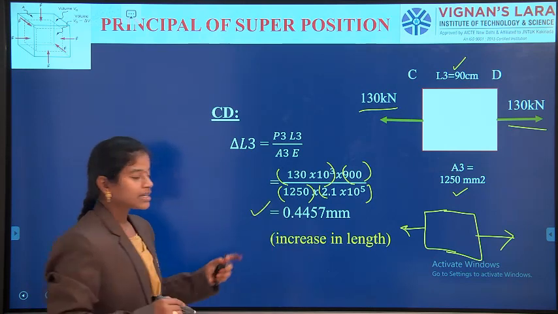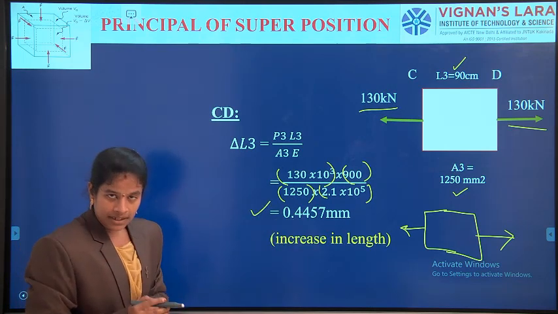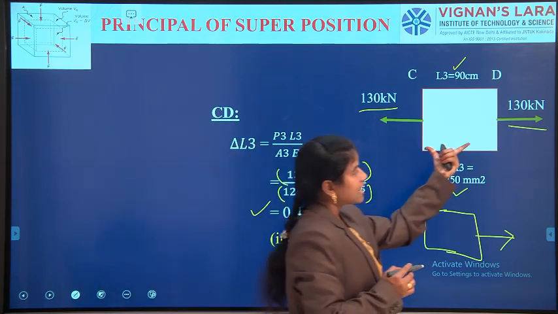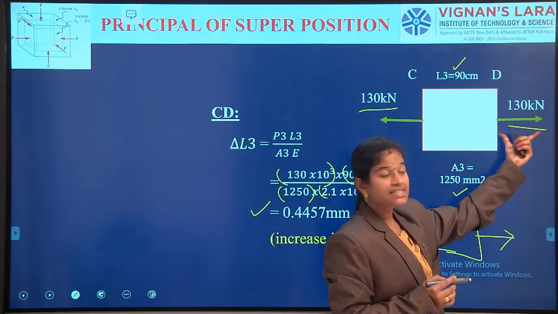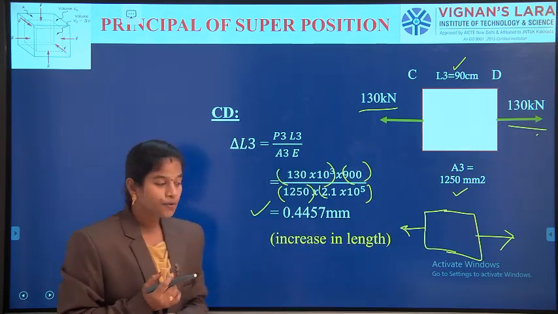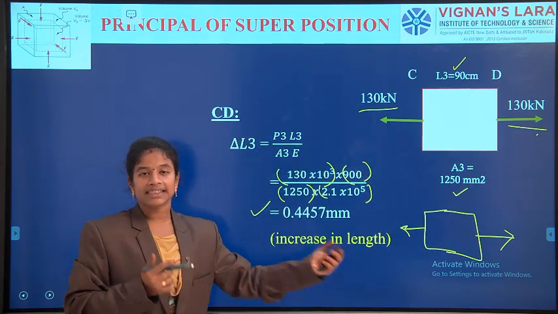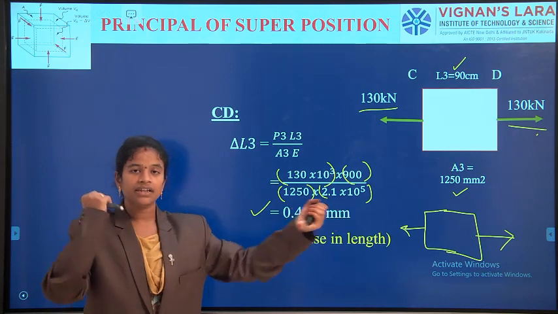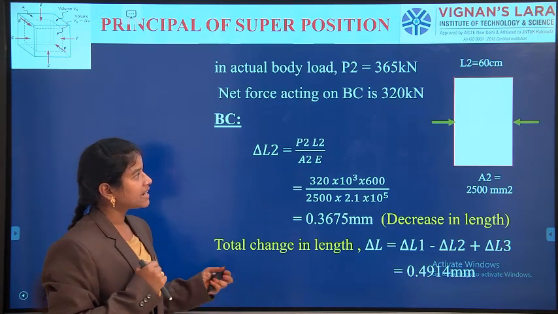Now we got some change in the length. See here, as this segment is also having a tensile load on both sides, what is the output? The output is increase in the length. That is a tensile, so the output is increase in length.